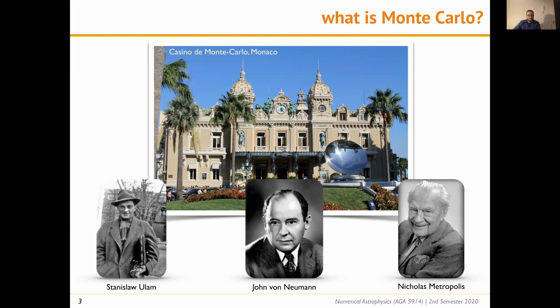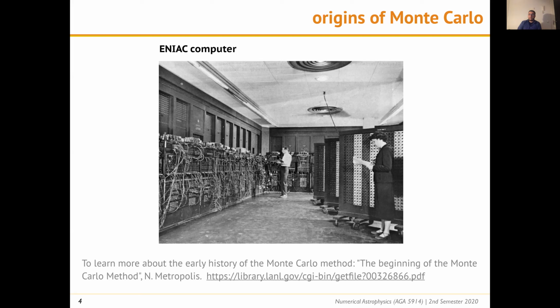Of course, I didn't tell this story quite well. You can read about it in this paper, which was written by Metropolis himself. It's a very interesting early history of the Monte Carlo method. And this picture here at the top, with a bunch of cables, is the ENIAC computer.